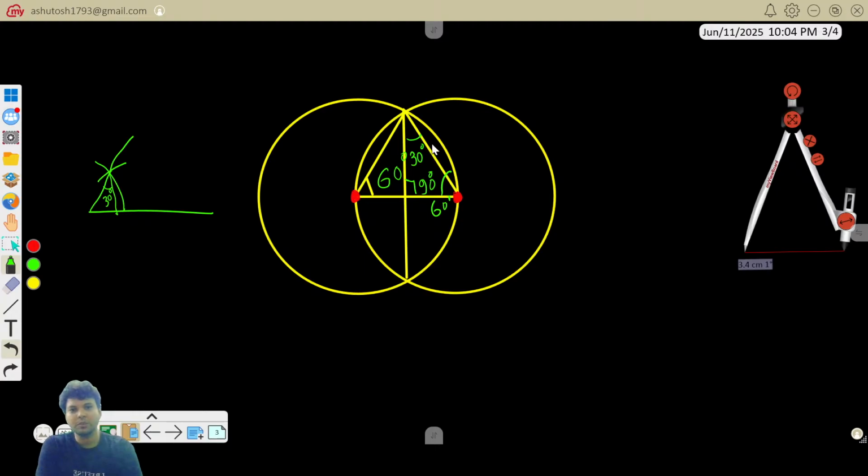From this point, if I draw the circle, it will be like this. And from this point, if I draw the circle, it will be like this. They cut at this point. If we draw a straight line from these 2 points, what we get is 90 degrees. Correct?